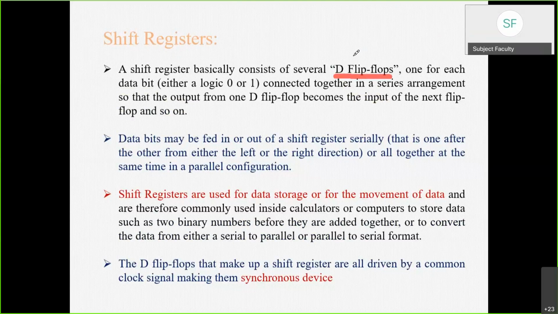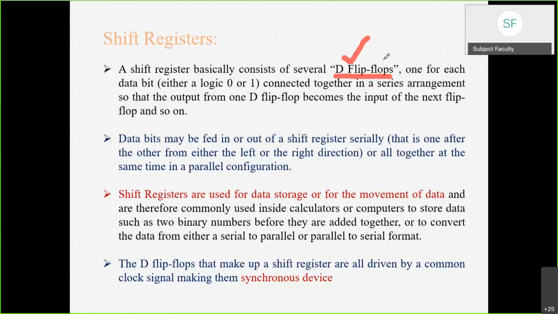But always remember that a shift register can also be designed using SR flip-flops as well as JK flip-flops. In many books you will see shift registers using JK flip-flops as well as SR flip-flops also. So you can refer to it. The basic principle behind that will be the same.